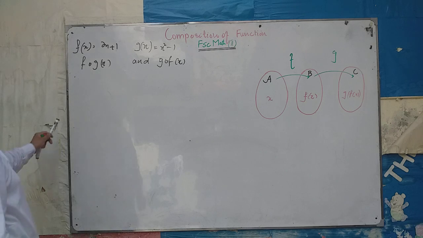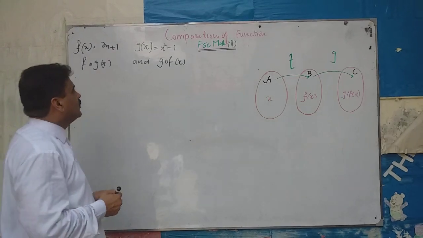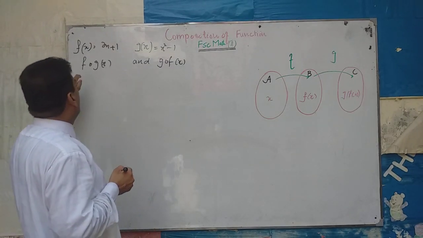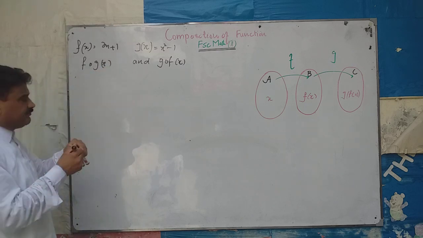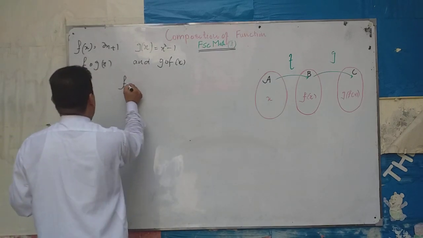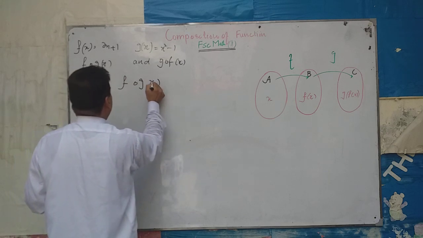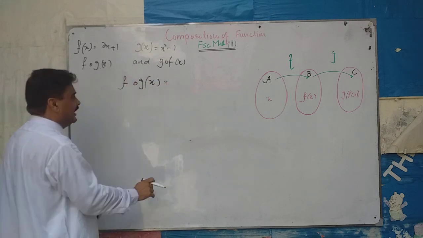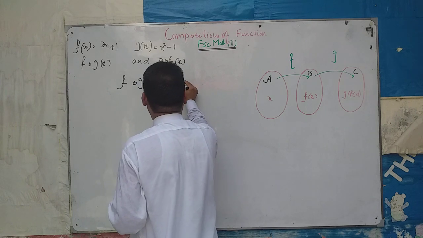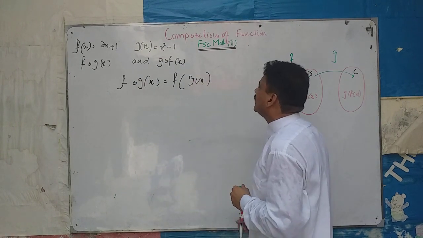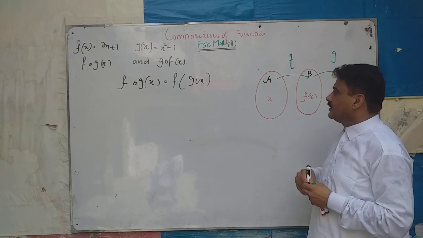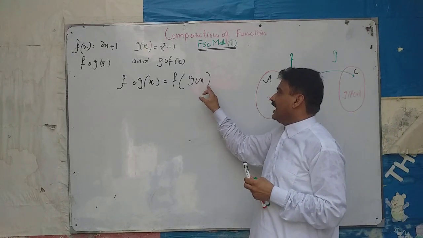Before finding f of g of x, we should know how to write f of g of x first. f of g of x can also be written as f of g of x. We now calculate f of g of x.